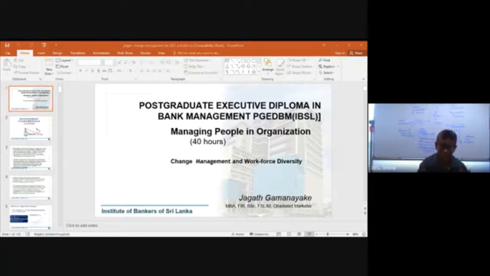If you have diversity in the workplace, it is always better, right? But there are some advantages, and also some disadvantages of a diverse workforce. I think you learned what we mean by the diverse workforce.